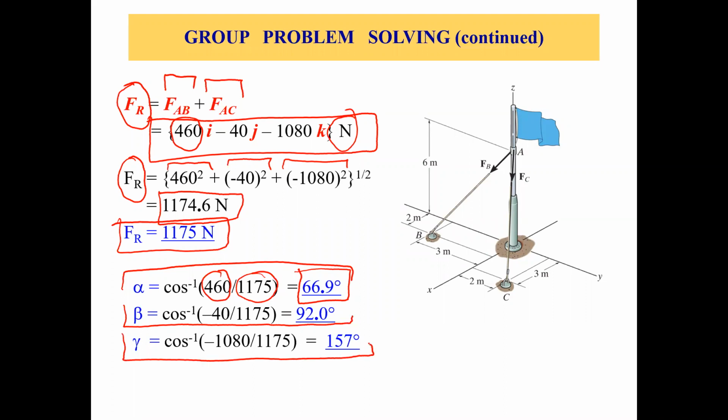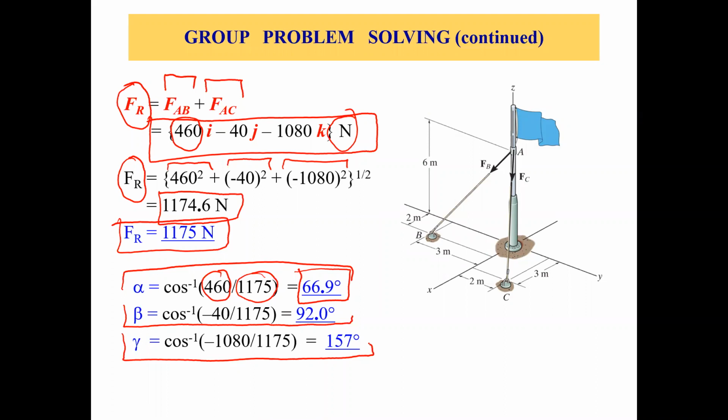So similarly, we'll take this z component of the resultant force, which is negative 1080 newtons, divided by the magnitude of Fr, which is 1175 newtons, and we'll get 157 degrees, which is the angle gamma, right? With this resultant force makes with the z-axis.